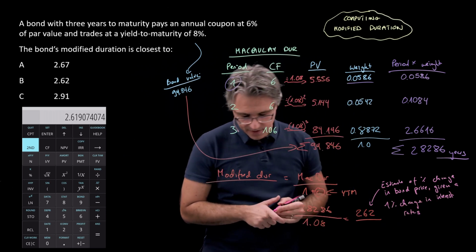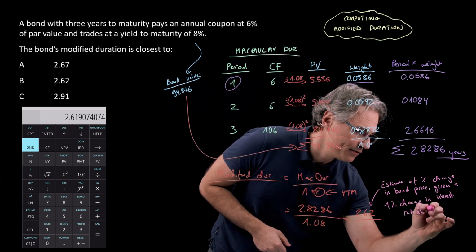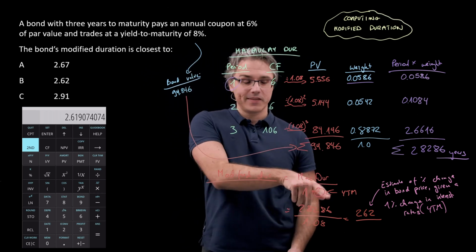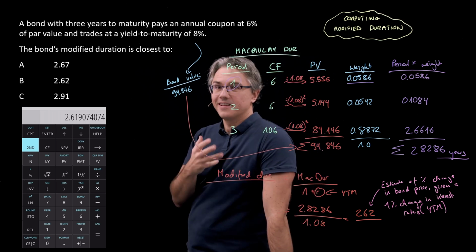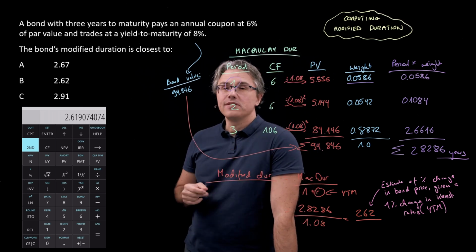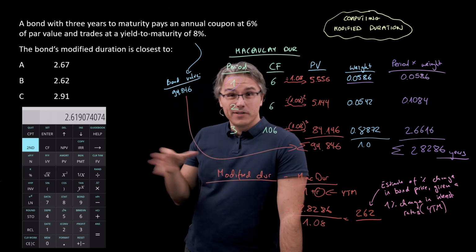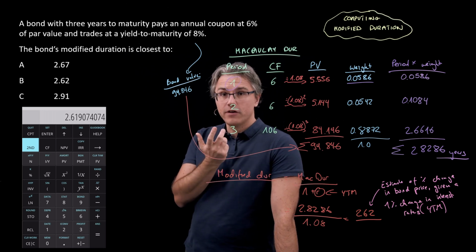So it shows us the sensitivity to interest rates, or basically the yield to maturity, which is a function of interest rates. This shows you the sensitivity of the bond to yield to maturity shifts, which are a function of interest rates changing in the economy.